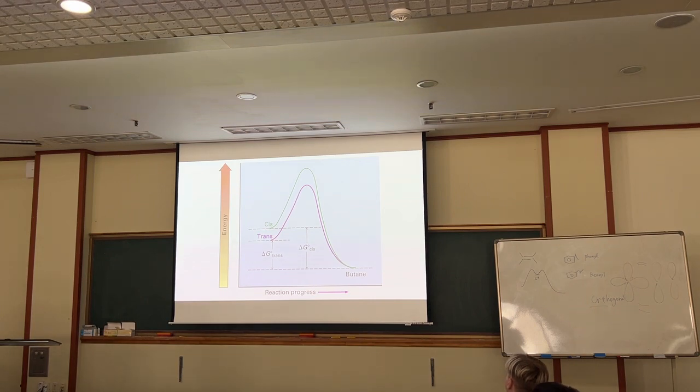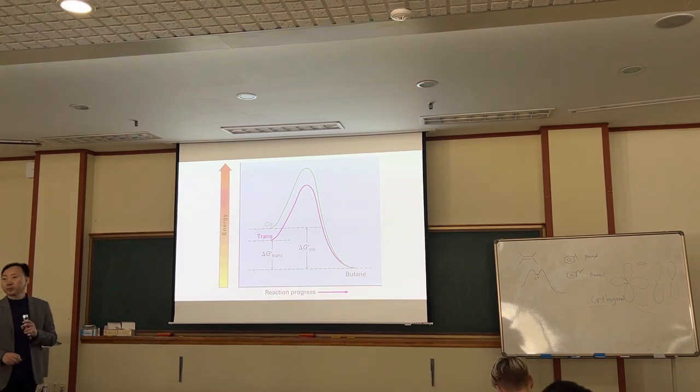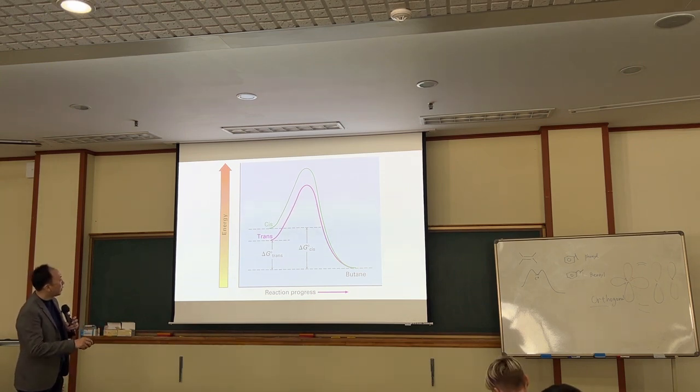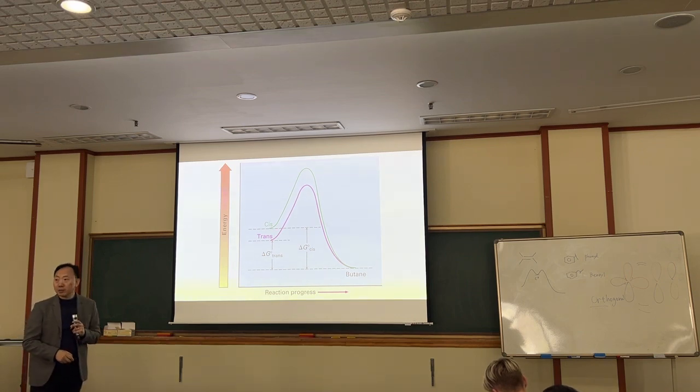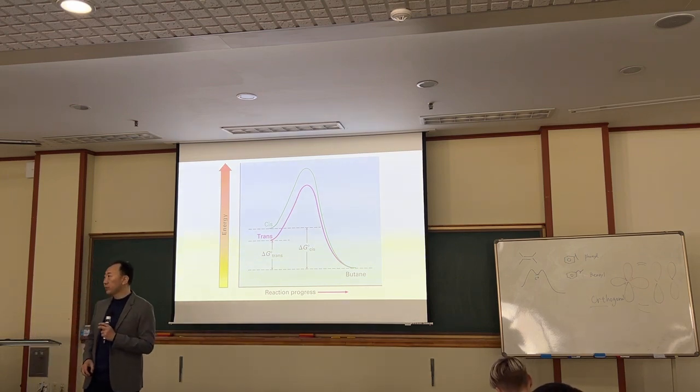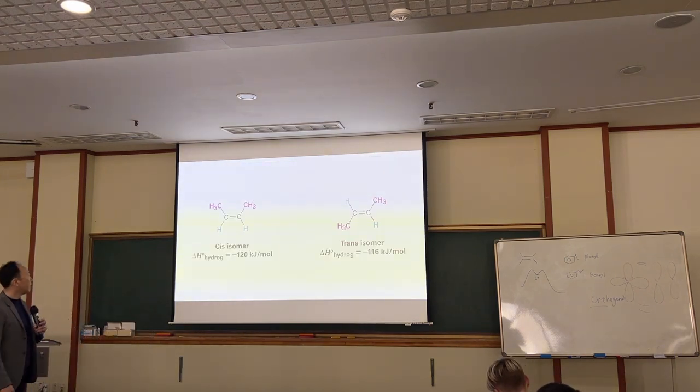Okay. Now, if you measure those delta G0, which gives you the state of each molecule, then this is the activation barrier up to here, or up to here. Now, these values can tell you the energy level, and you can see which one is more stable, because you have the same reference molecules.